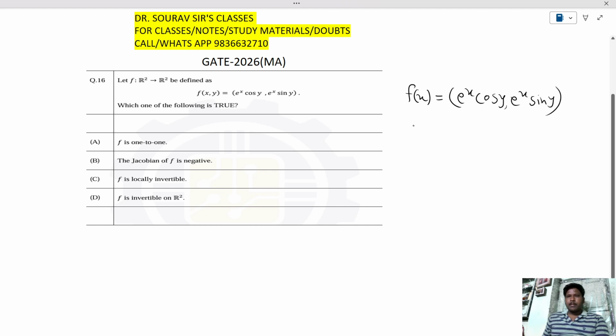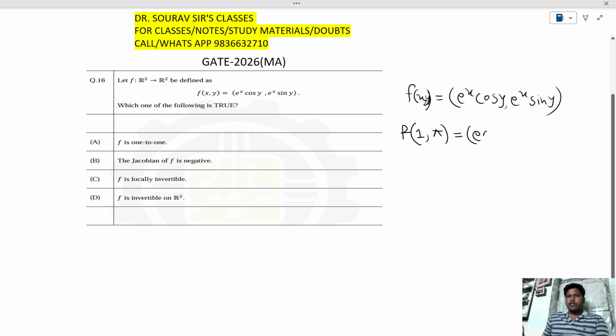Okay, so हम लोग एक्स को कांस्टेंट रखे। सपोज हम लोग x = 1, and y = pi. Okay, then what will be the value?